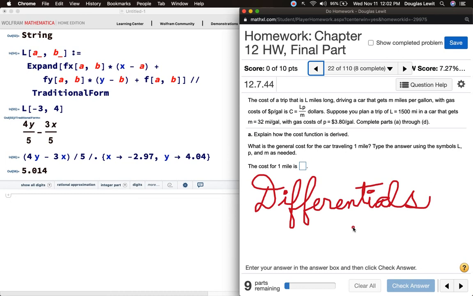Very, very similar, except derivatives are kind of like fractions, like dz dx, okay? But when you're looking at a differential, you're usually looking at just one part of that fraction.